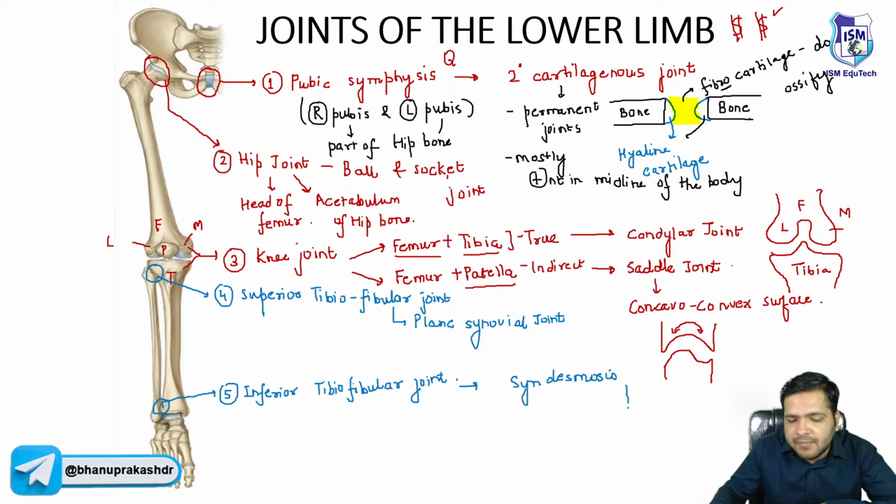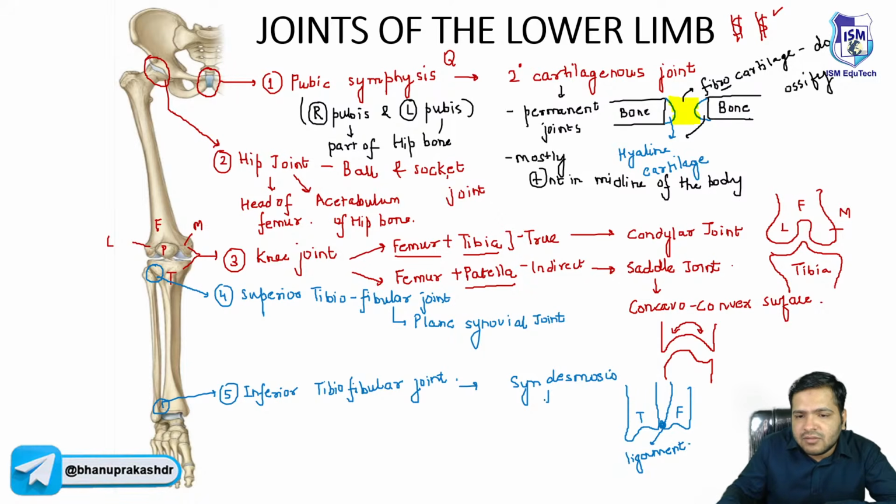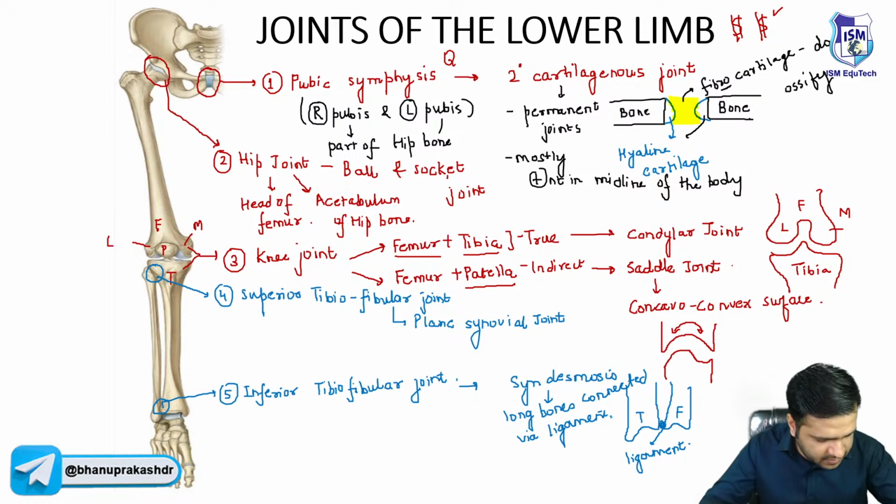What does syndesmosis mean? For example, beta, suppose this is the tibia, and remember we have this fibula. So they both are joined together or connected via ligament. So syndesmosis simply means that long bones are connected via ligament, right?